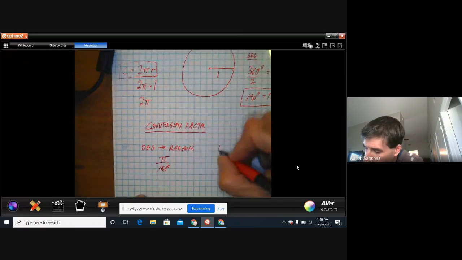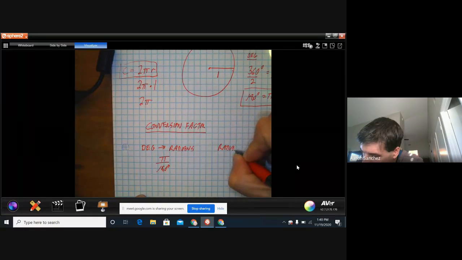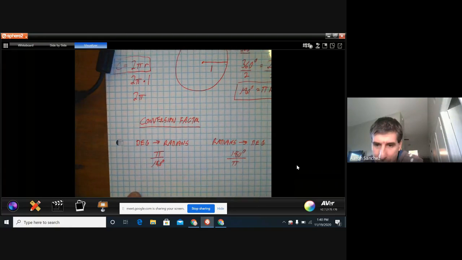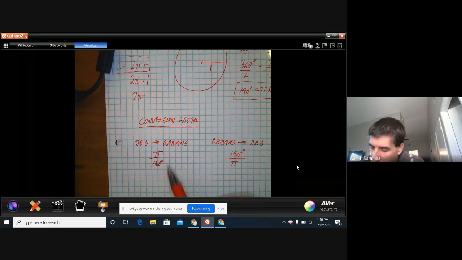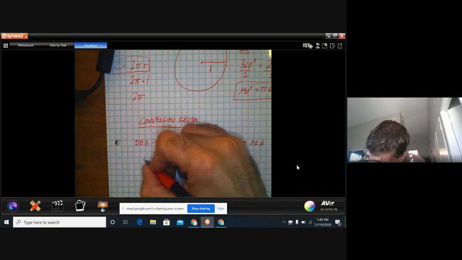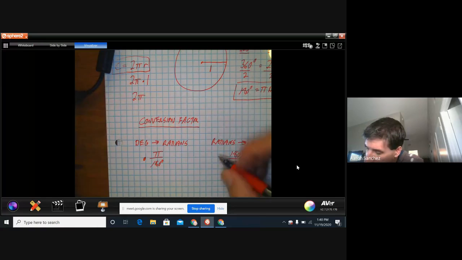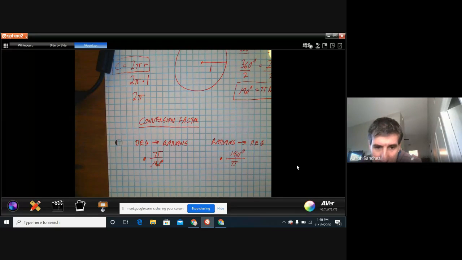To go from radians to degrees, we use 180 degrees over pi. Let me reiterate that. If I want to convert degrees into radians, I multiply by pi over 180. If I want to go from radians to degrees, I multiply by 180 divided by pi.